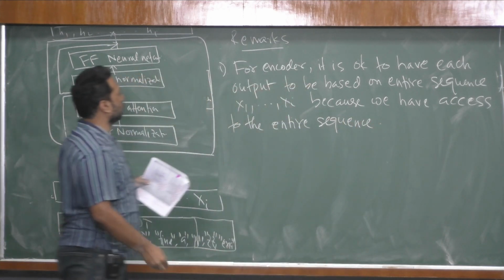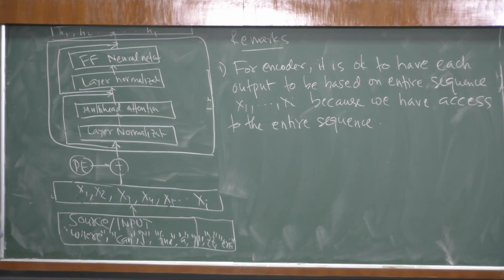Before we go to the decoder, we are making certain remarks about the encoder. What the encoder has is access to all of them. We created some positional encoding because of their sequential nature, so we can add positional encoding to encode that, and then it goes through layer normalization, multi-head attention, and then it has these 6 of these stacked together. That forms the encoder block for us.